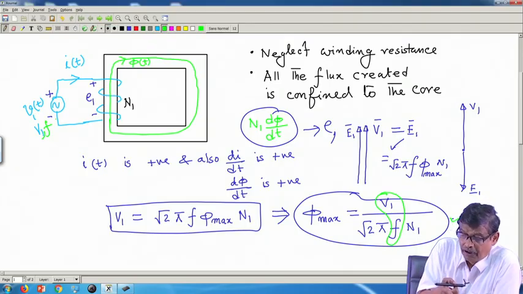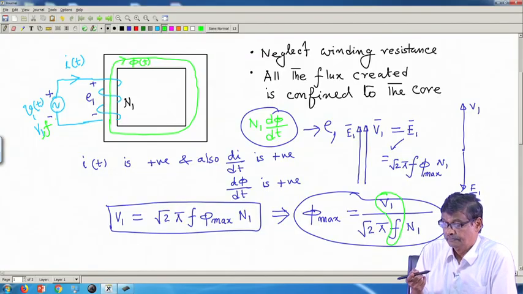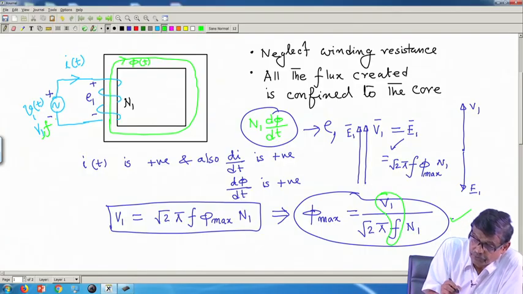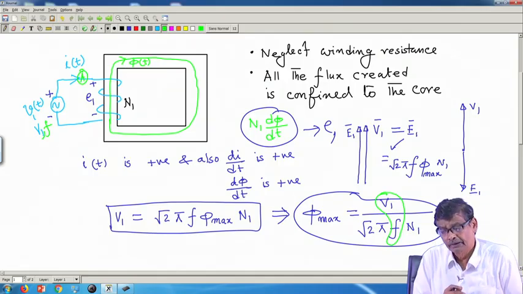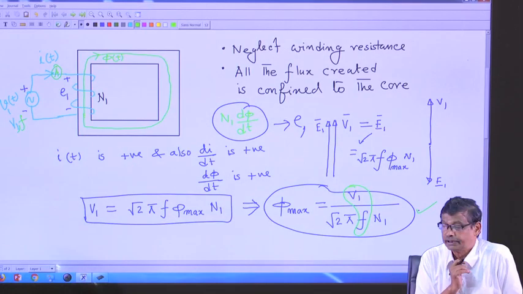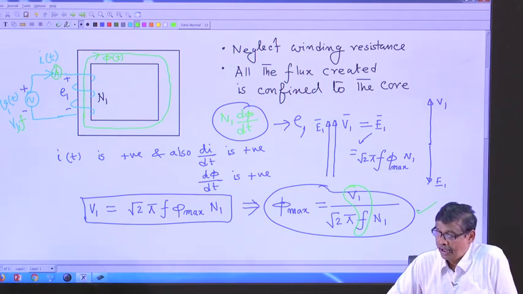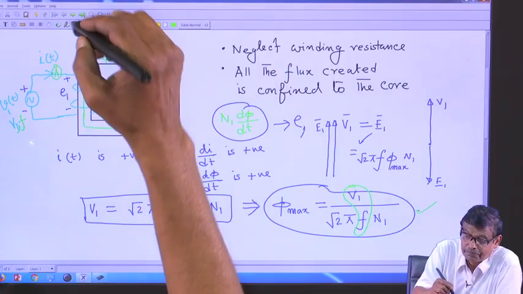Then how do we apply the magnetic circuit problem? A rather relevant question will be, if that be the case, what will be the current drawn? Suppose you connect an ammeter in series with this line, and the core is a magnetic material which has a BH characteristic. Let us not make this page too dirty; let us go to a new page.